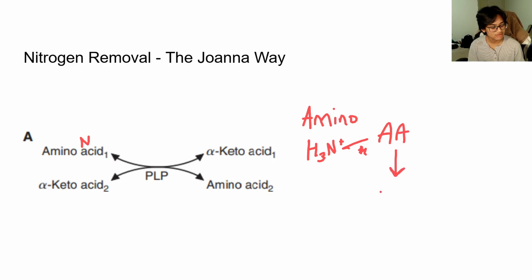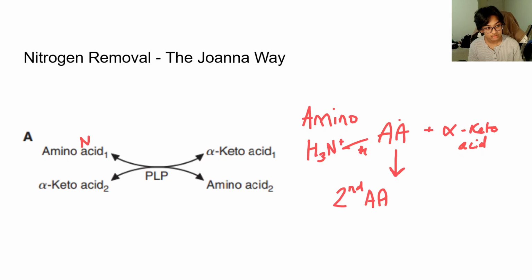And then what happens is you add in your keto acid. And then what you get is your second amino acid that is different from this, plus your waste. That's what I understand. Okay, this looks really stupid. It will make a little more sense in the next one, I hope.